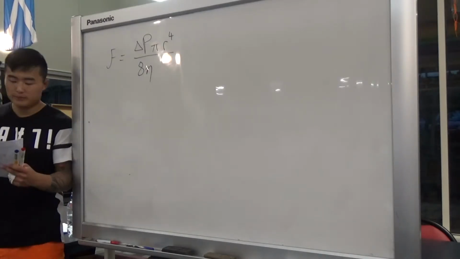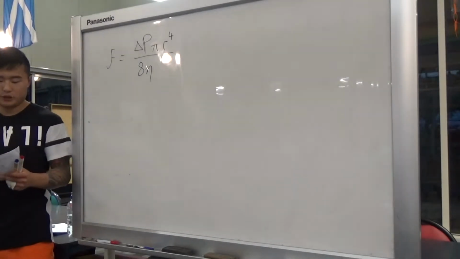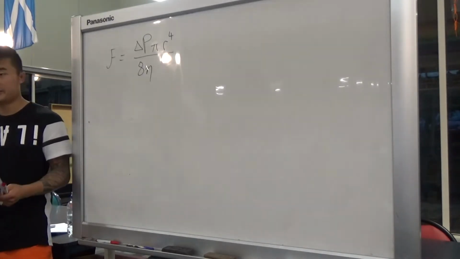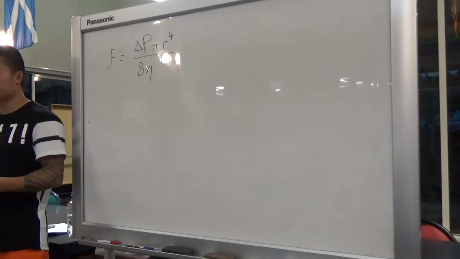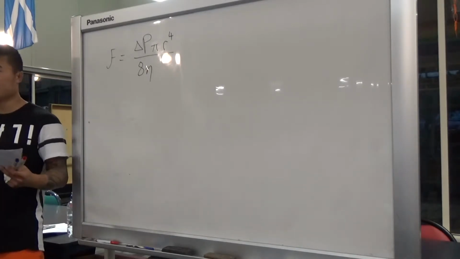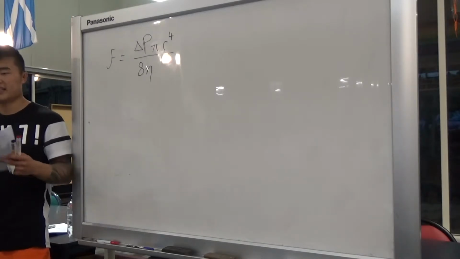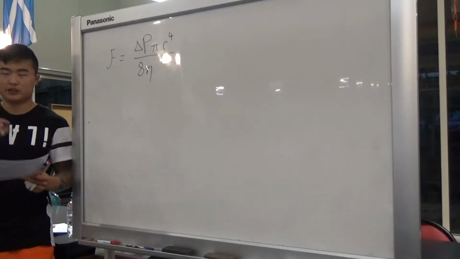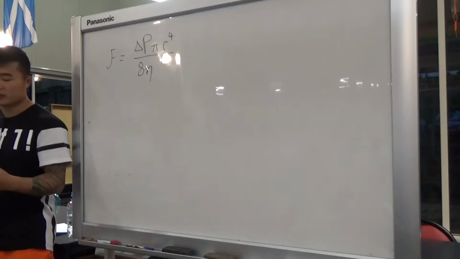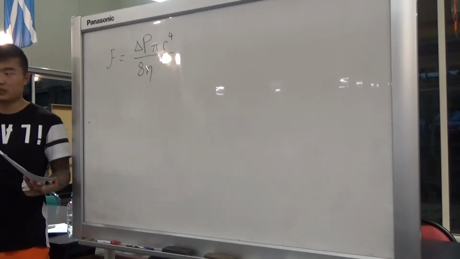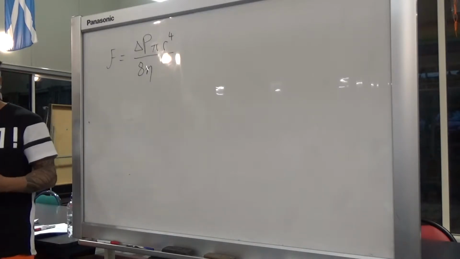So if they talk about water in your problem, then you can assume that it's just non-viscous. But in reality, it does have viscosity. It is viscous, but it's so little that we can just ignore it, just like we ignore air resistance when we're doing our mechanics problems. Okay.